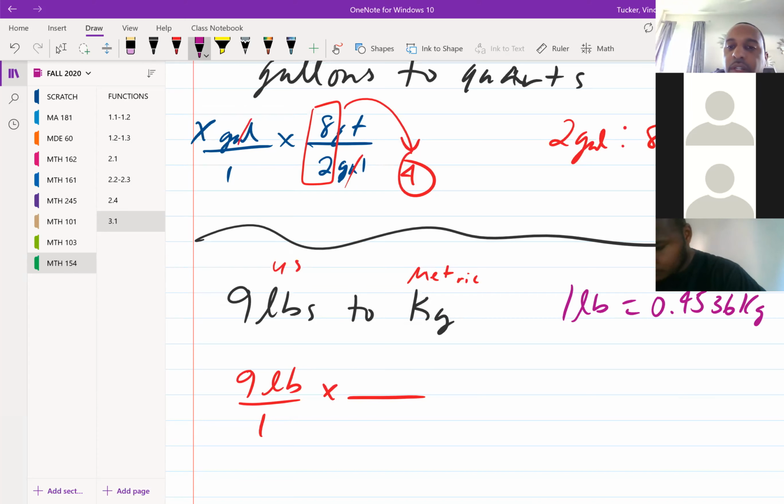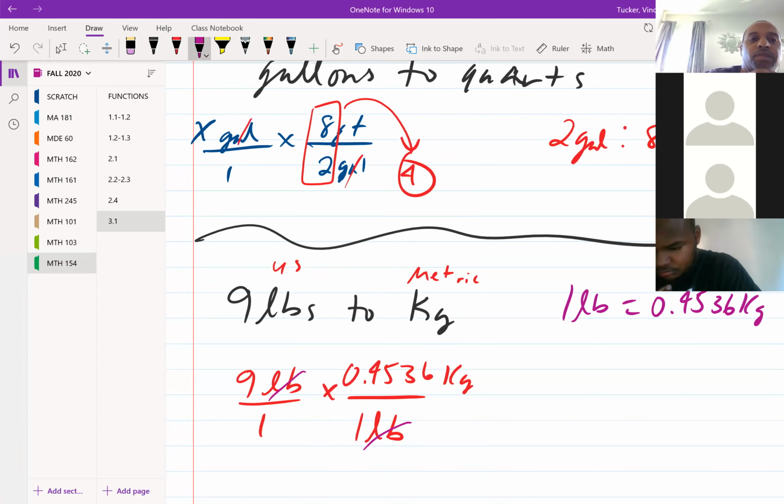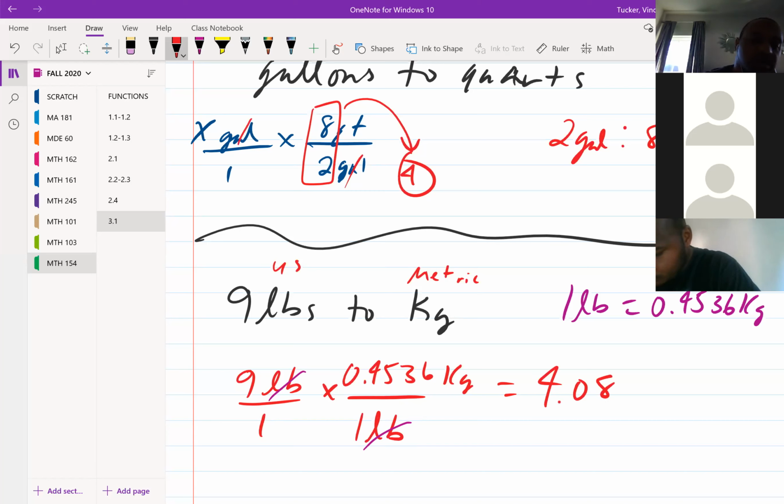Make sure my number is right. 4536, yep. So put the pound down bottom and then 0.4536 kilograms. Pounds will cancel. And 9 times 0.4536. It's kilograms.